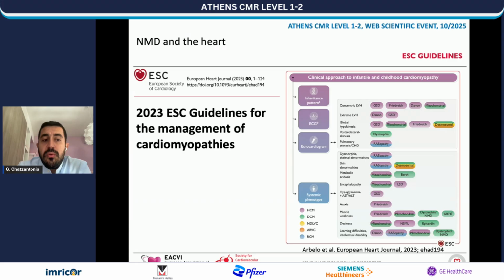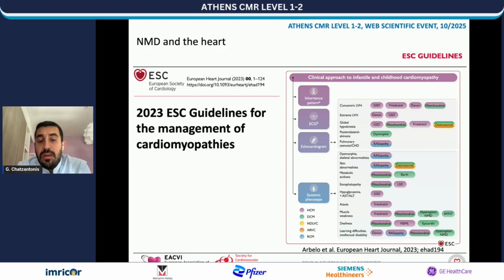In the 2023 guidelines for the management of cardiomyopathies, in the clinical approach of infantile and childhood cardiomyopathy, one should assess, of course, the inheritance pattern. If someone in the family has an NMD, one should be more careful.